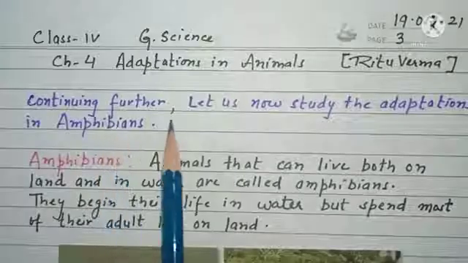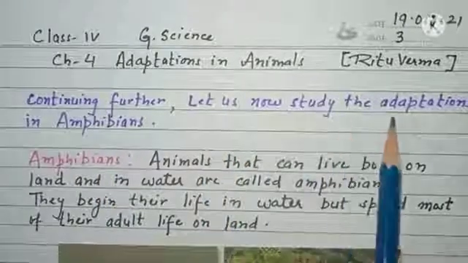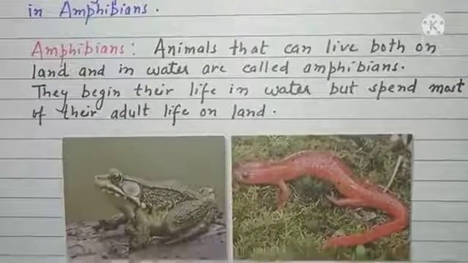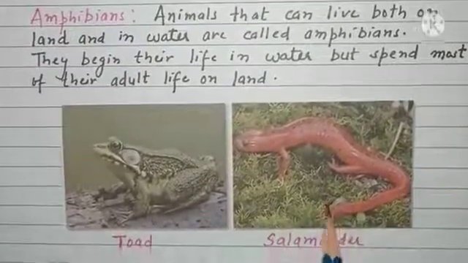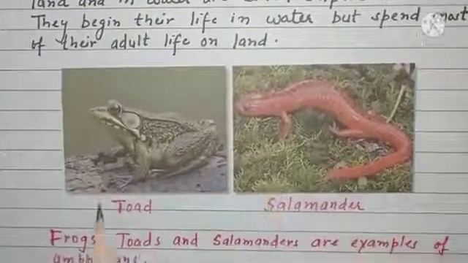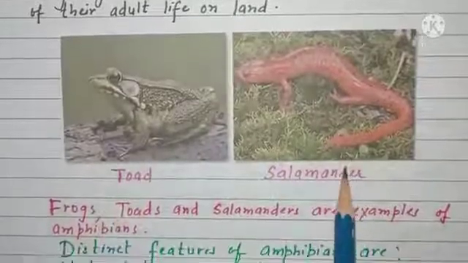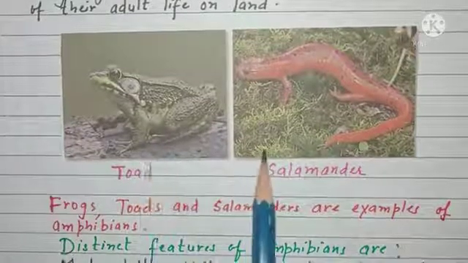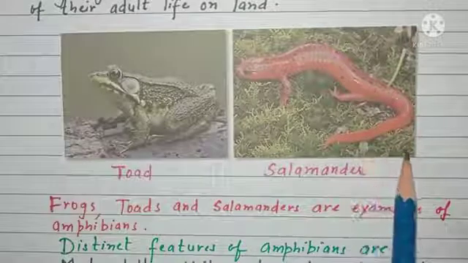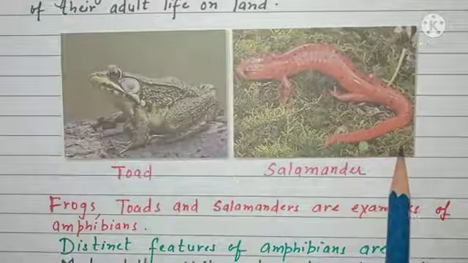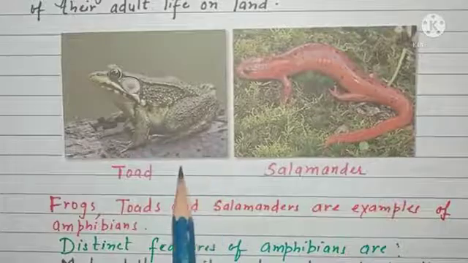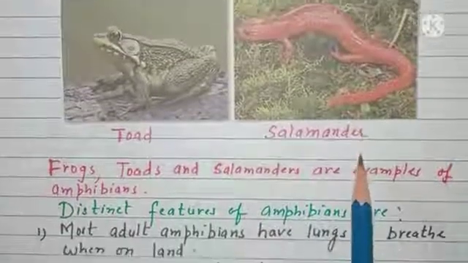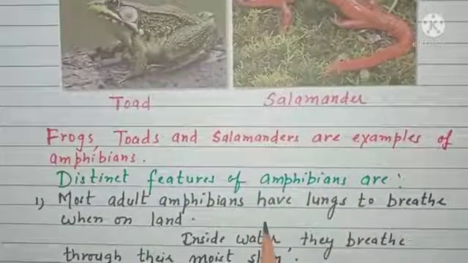Continuing further, let us now study the adaptations in amphibians. Amphibians are the animals that can live both on land and in water. Students, they begin their life in water but spend most of their adult life on land. So, the animals such as frogs, toads, salamanders, they are amphibians. And what are their distinct features?